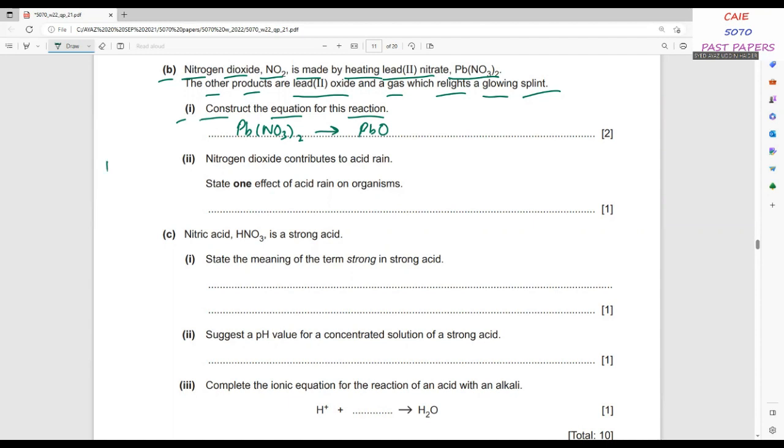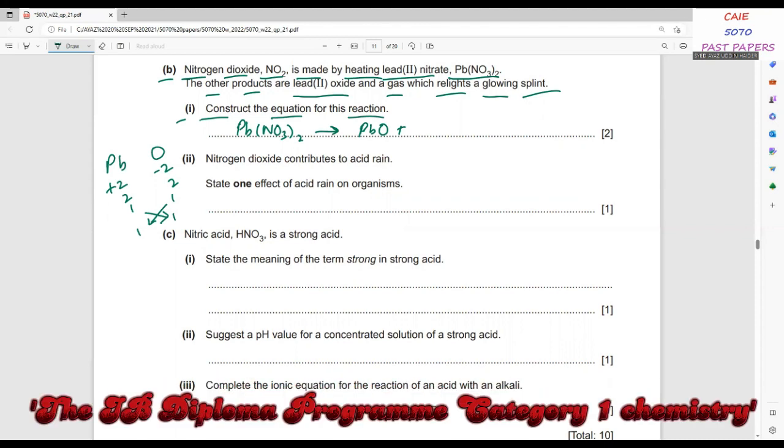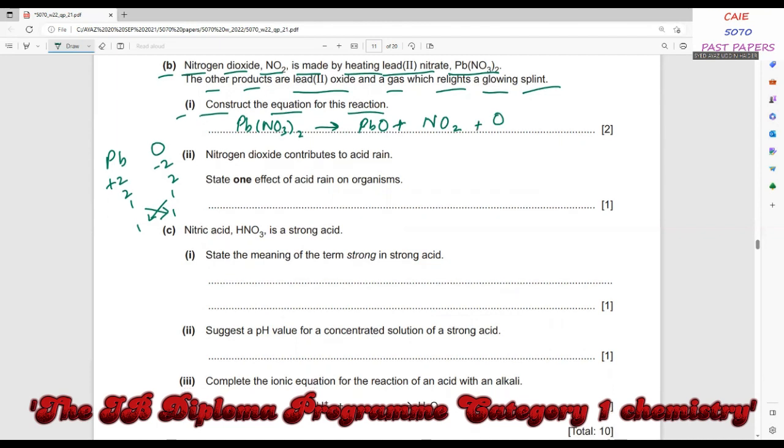Oxygen belongs to group 6, so the charge on oxygen is -2. Ignoring their charges, these will be simplified. Subscripts will be exchanged and you will get PbO plus a gas. Nitrogen dioxide is produced and a gas which relights a glowing splint, which is oxygen.